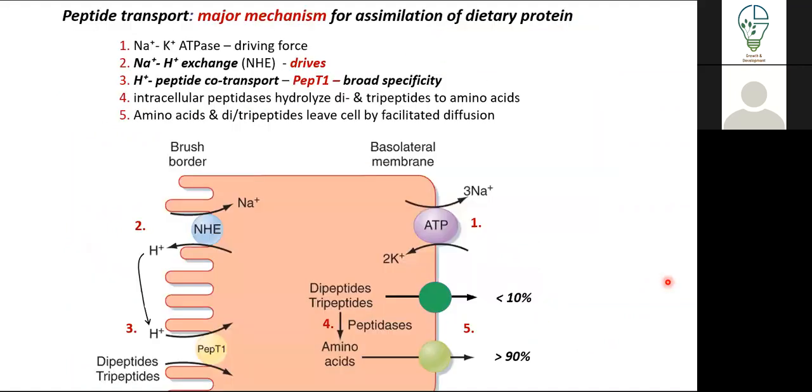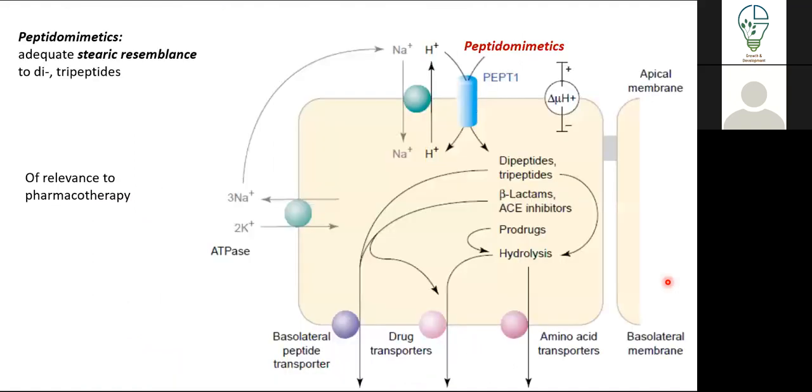And that's basically everything you need to know about the assimilation of proteins. One application of all of this is that these peptide transporters allow anything that looks like a peptide to enter.